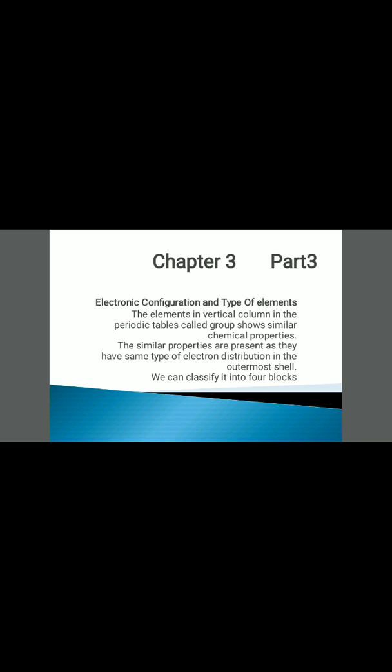Electronic configuration of elements in a period: each period in the periodic table indicates the value of principal quantum number for the outermost or valence shell, and the first period corresponds to filling up of electrons in the first energy shell. The second period corresponds to filling up of electrons in the second energy shell, that is L shell, and the same for the others also.